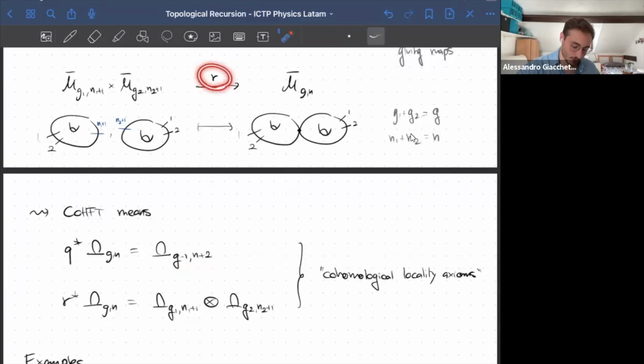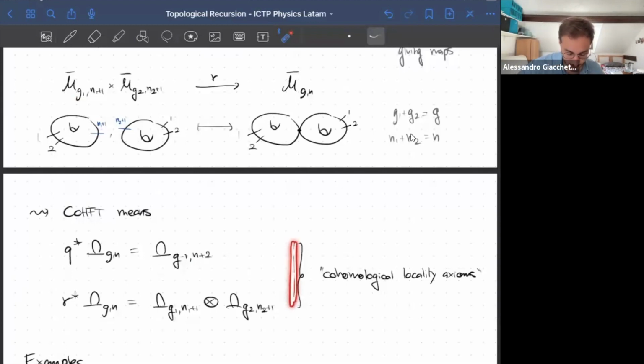And the same is true for this other gluing map. When you take the pullback with respect to that, you get the tensor product of the 2 cohomology classes corresponding to these 2 moduli spaces.